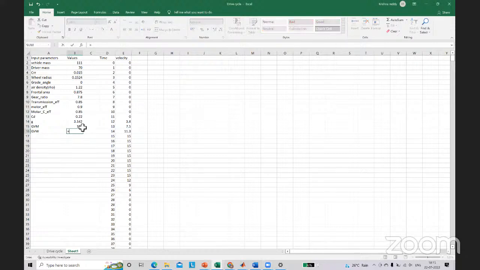So I'm going to take the gross vehicle mass, multiply with G, and press enter. So these are some input parameters.